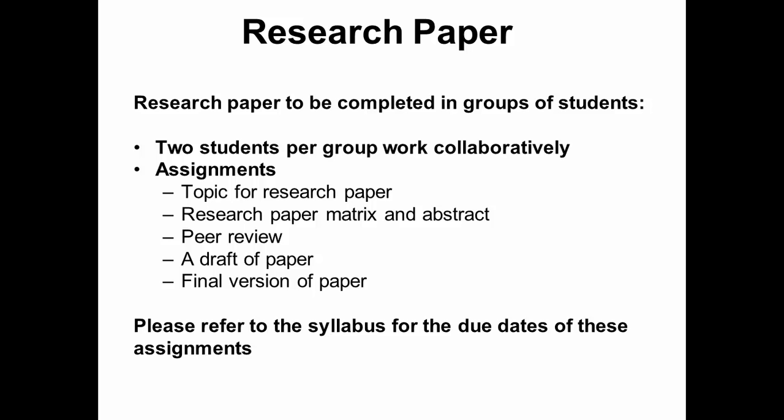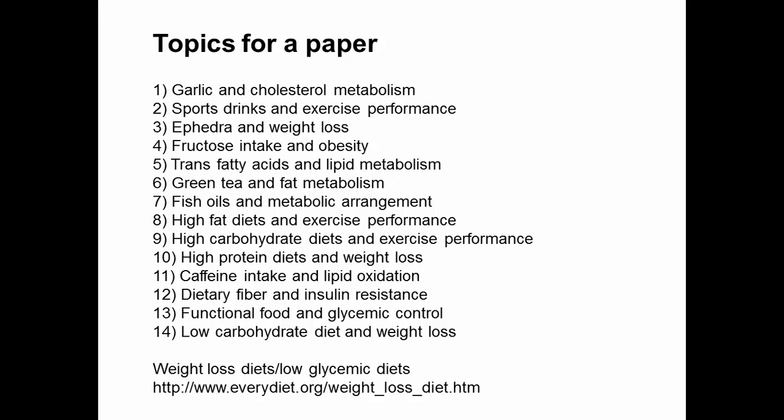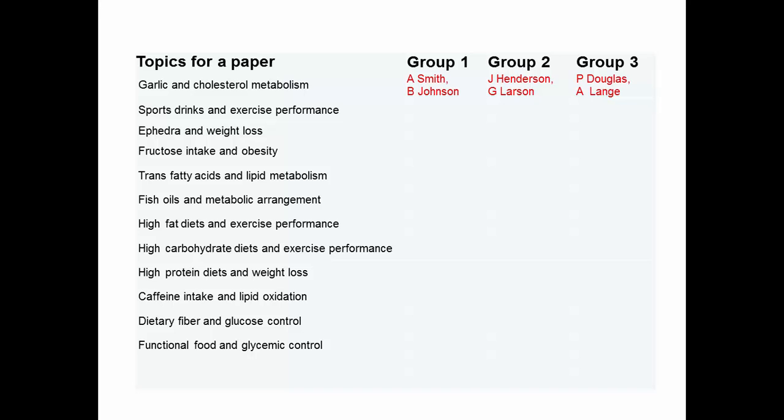That's a good question. This is just a sample of the topics that we have listed, and you will see something like this on the Moodle. I put like 3 groups. That means each topic is limited to 3 groups, first come first served.